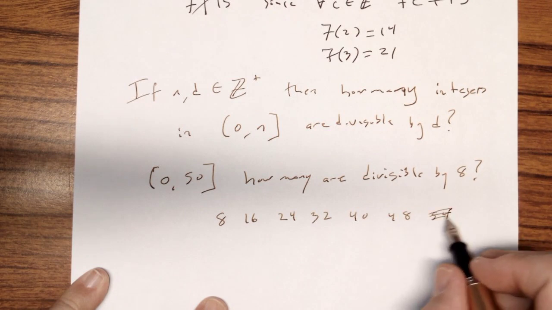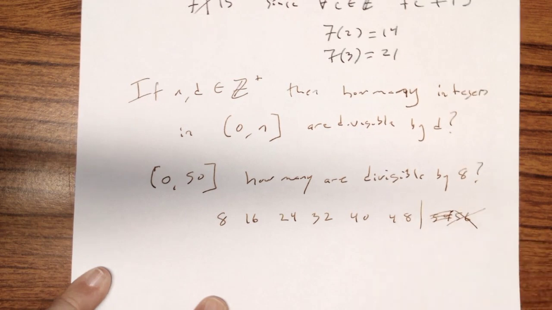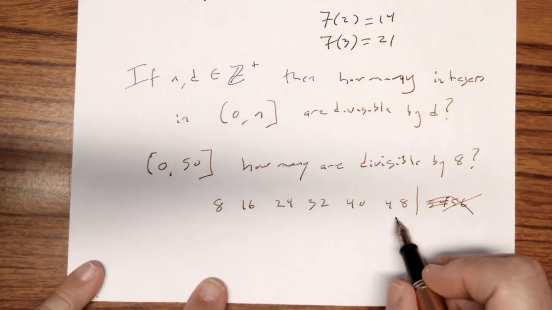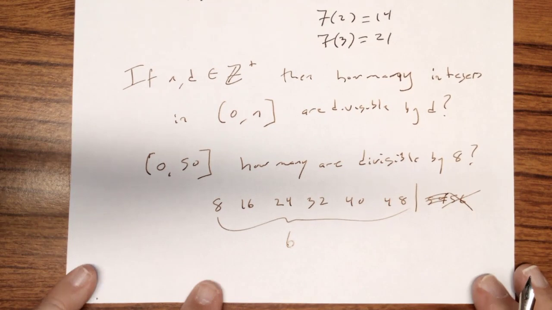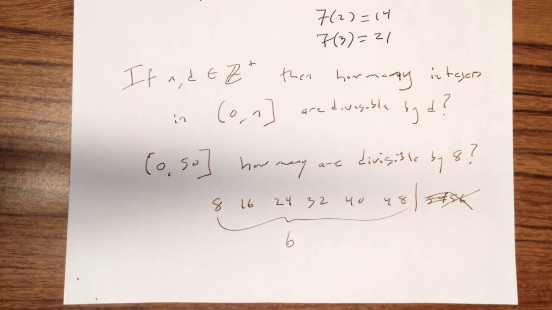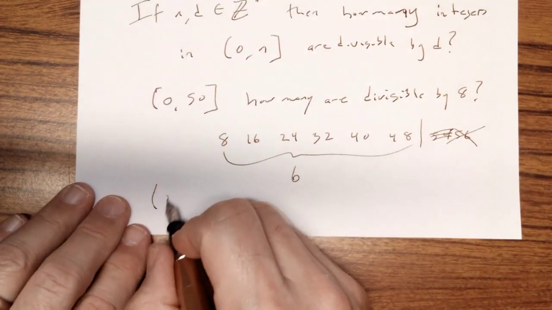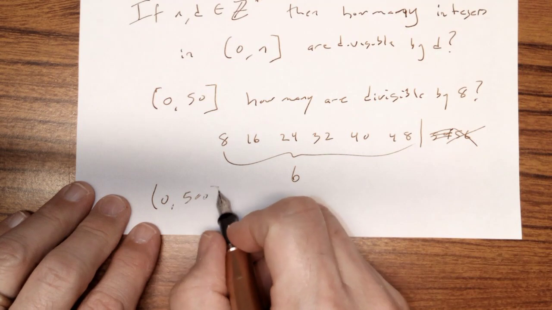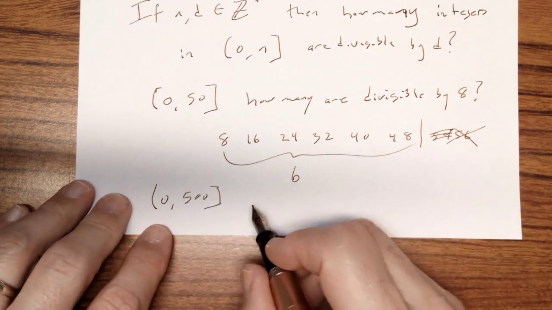It helps if I do my arithmetic correctly, but that's too big, so stop there. 1, 2, 3, 4, 5, 6. But if I asked the same question, how many on the interval from 0 to 500 are divisible by 8, this would not be the way I want to do it.